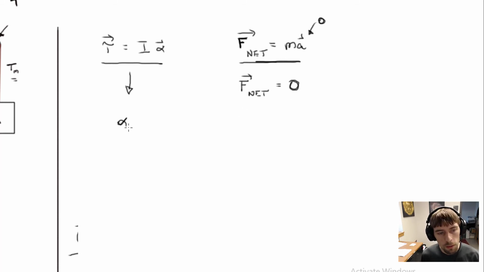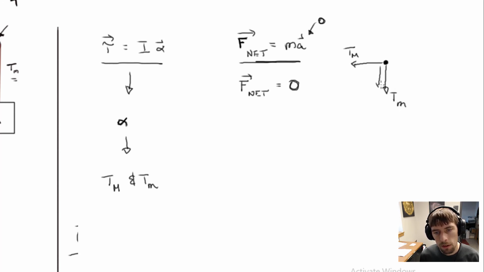Now, as we showed, once we have alpha, you can go and get expressions for the two tension forces. In fact, we just did that. If I'm thinking about the translational free body diagram of the pulley, what do I have? I have a tension force going this way, T M. I have a tension force going this way, T little m.